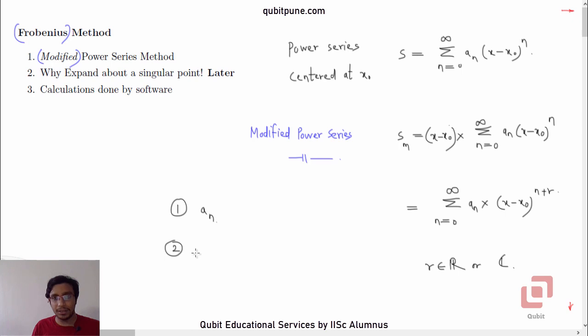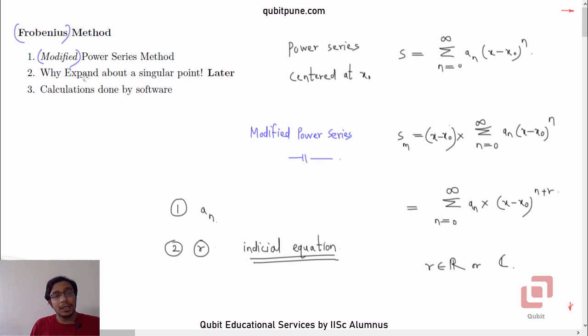And second is to determine the value of the unknown constant r. We are required to solve a quadratic equation to find the values of r, and that equation is known as the indicial equation. For a second order differential equation, it is a quadratic equation.